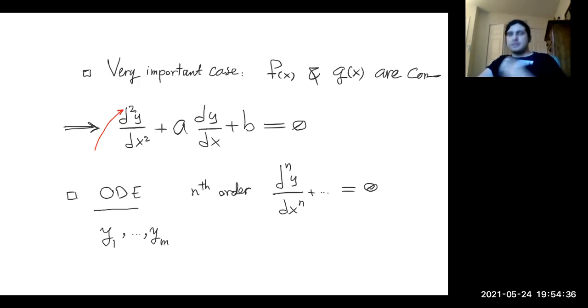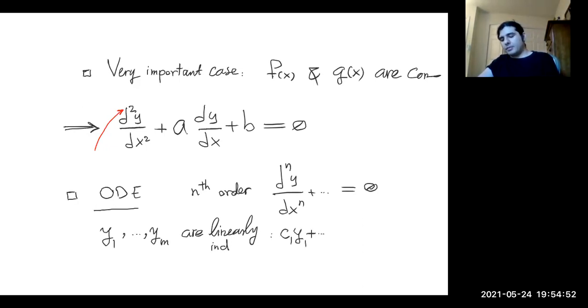We would say these solutions are linearly independent if, for any set of real numbers C1 up to Cm, a linear combination of them being 0 for every x implies all the constants are 0.